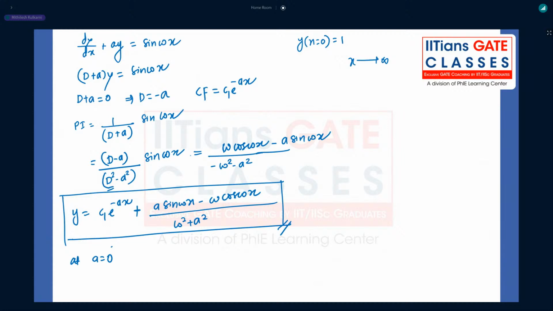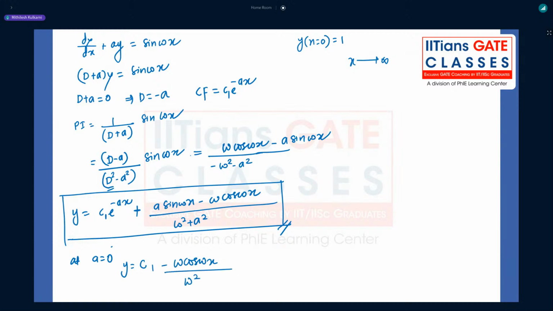We have C1 e to the power 0x, and e to the power 0 means 1, so we'll have C1 as it is, plus this term will become 0 because sine of omega x we are multiplying with A, so we'll get a 0 answer there, minus omega cos of omega x, that term will remain as it is, divided by omega square.